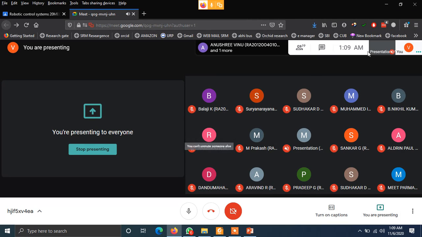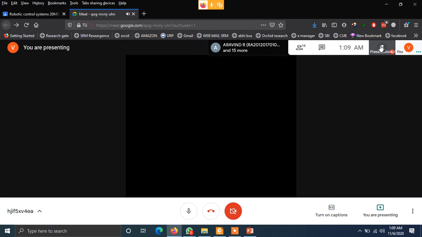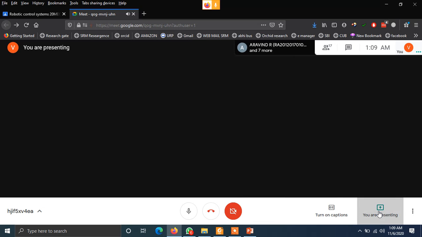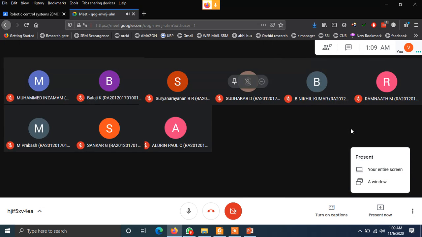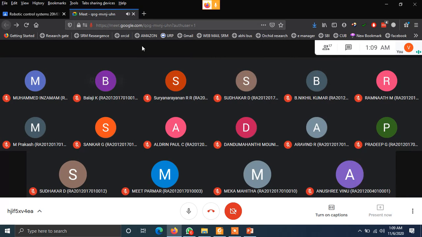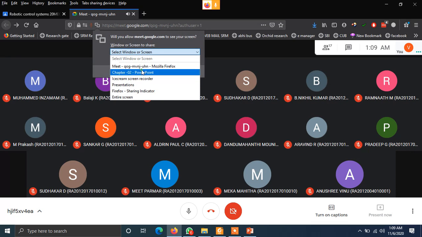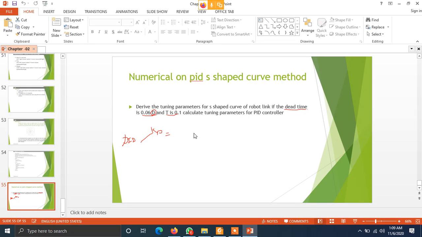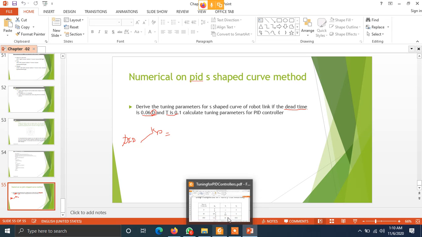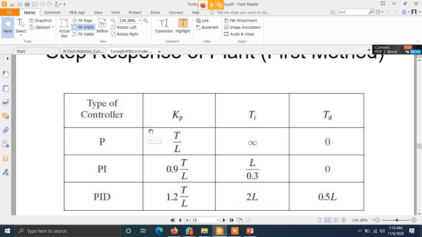Can you visualize the screen? Yes, sir. I think it got hanged somewhere. Okay. Now, what is given in the problem? It is given as 0.06.